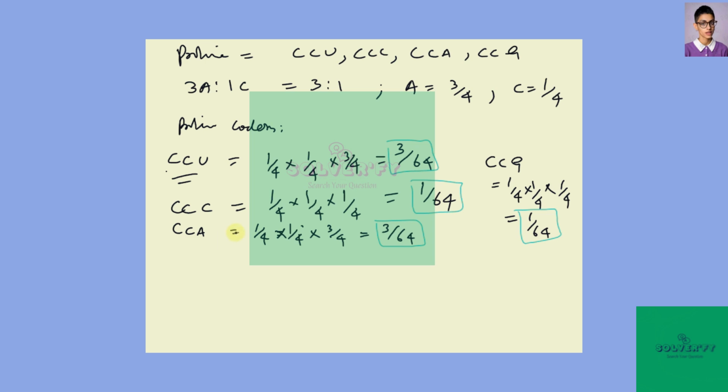So finally we can add the probabilities of each proline codon to find out the overall proportion of proline in the RNA polynucleotide.